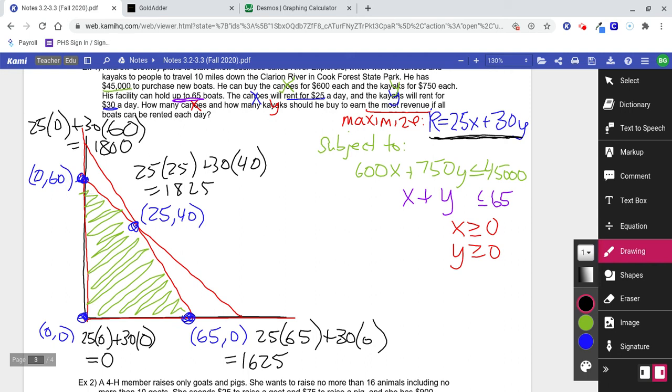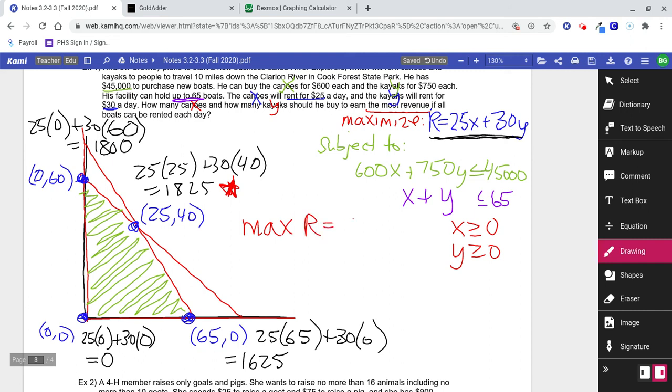Basically, we just have to actually find the maximum. Well, that's easy. The biggest number is 1825. So that's your maximum right there. The last thing I would do is just write the answer. Max revenue equals $1,825 at, well, let's not say at.